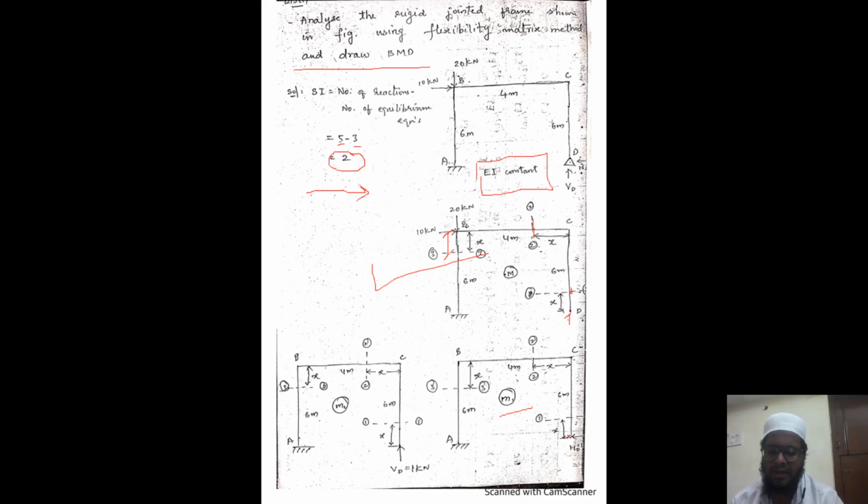As per the rules and terms and conditions of the unit load method, we are applying this 1 kilonewton load, and again I have applied the load 1 kilonewton, that is HD. You can see here HD. I have applied 1 kilonewton load towards point A. Why? Because you can see here my 10 kilonewton load is trying to push the frame towards the right hand side, so my reaction HD I am applying in such a way that it should resist the external load.